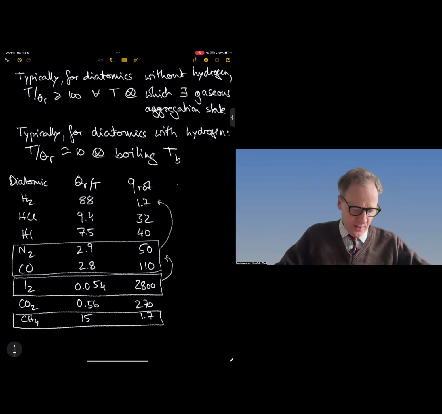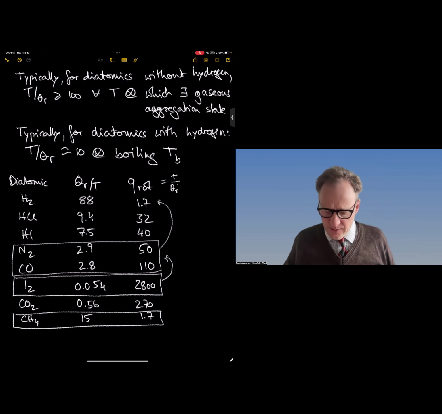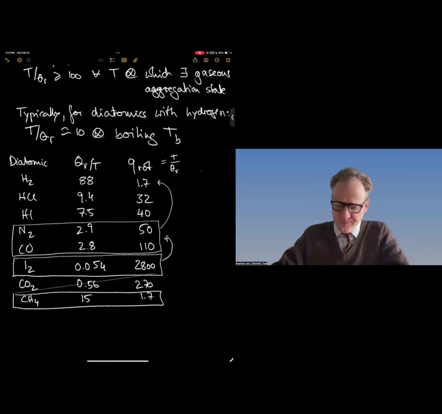So this Q rot is T over tau R. Now, if you actually enter these values, and I'm just noticing there's an error here.